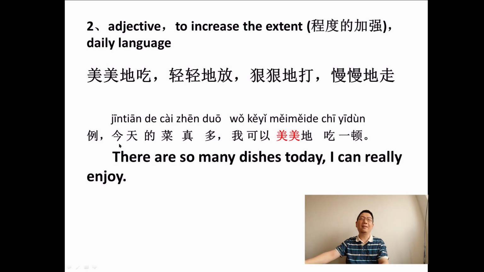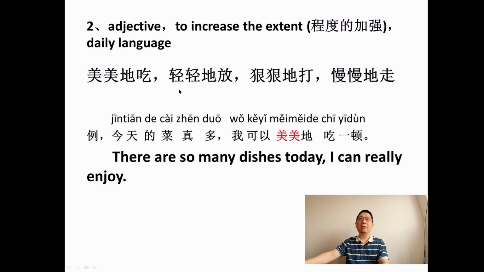We can see this example. 今天的菜真多，我可以美美的吃一顿。Which means there are so many dishes today, I can really enjoy.